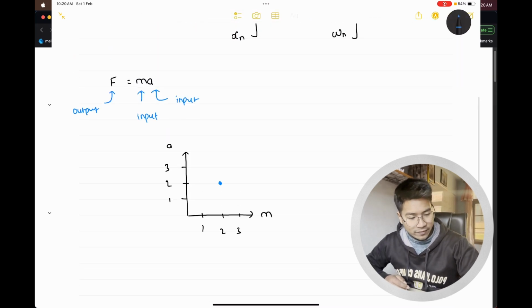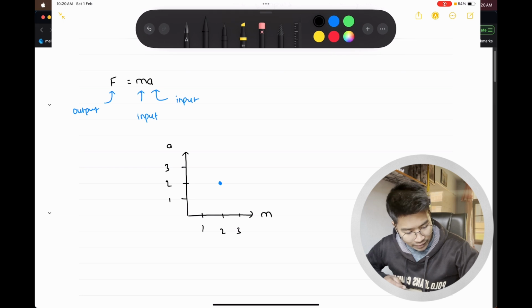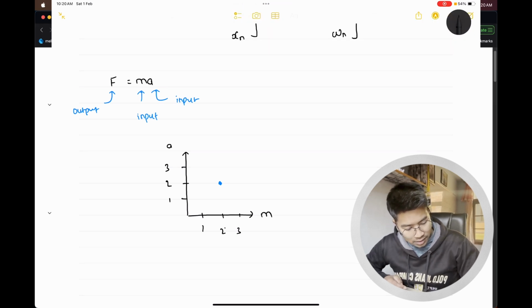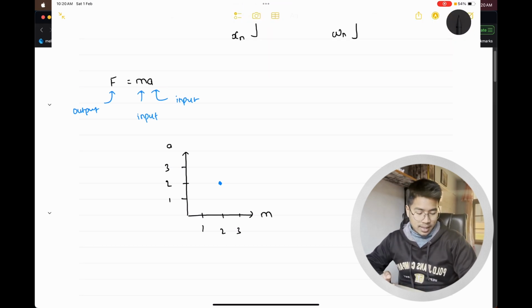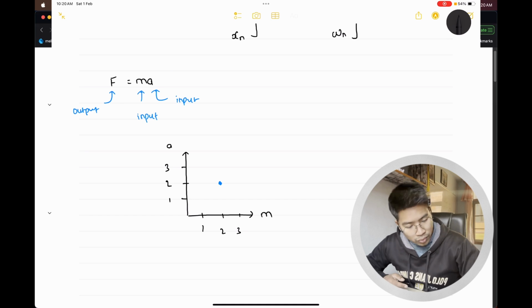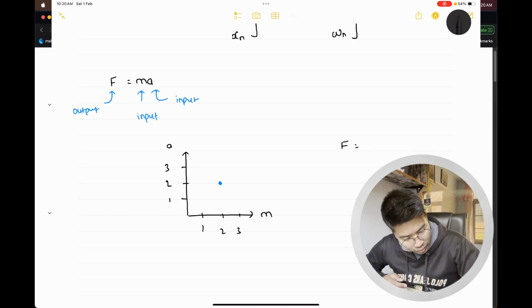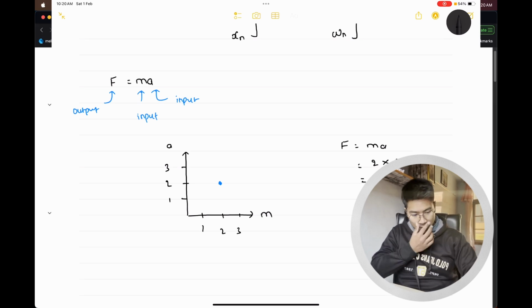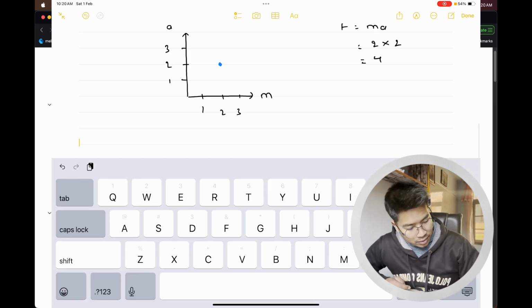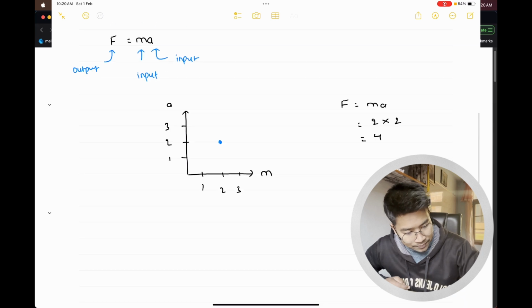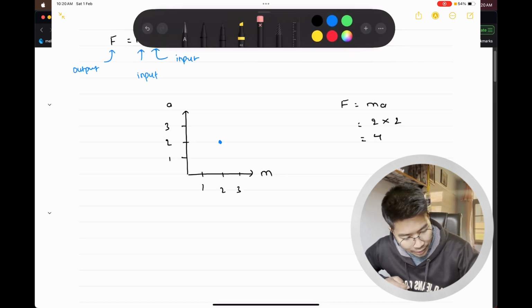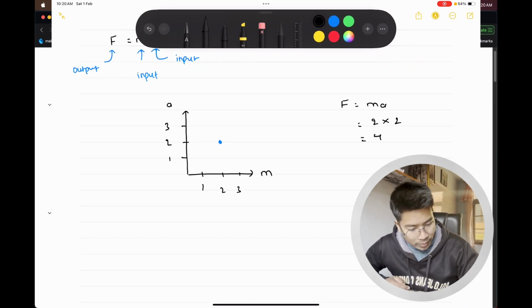What is the value of that point? If you see over here, x is 2, so m is 2, and y is 2, so a is 2. You'd know that f equals ma, so m is 2 and a is 2, you'd get 4. Does that make sense? So the value of this point that I got would be 4.